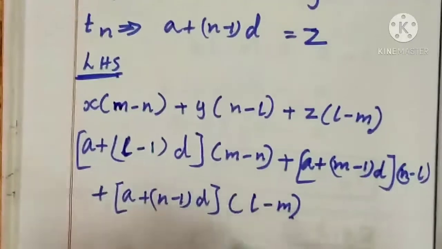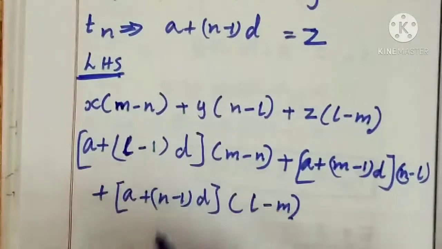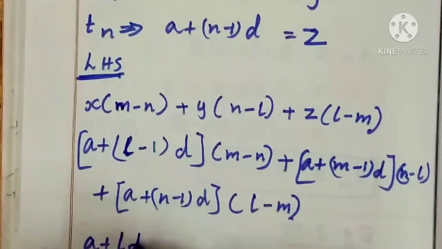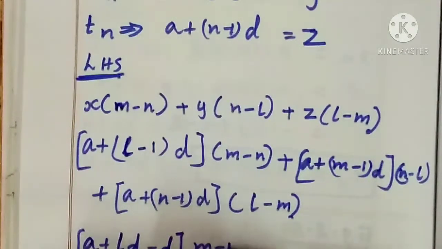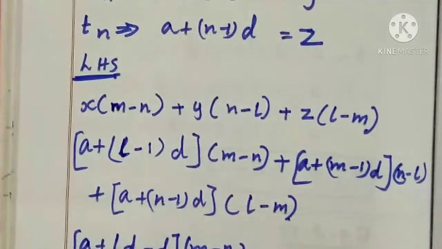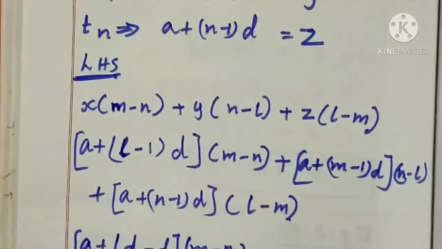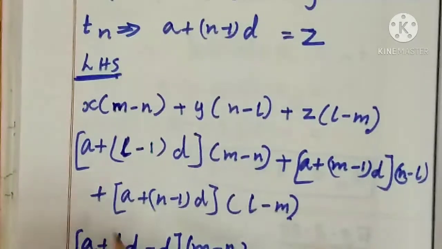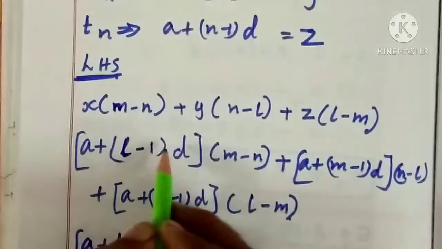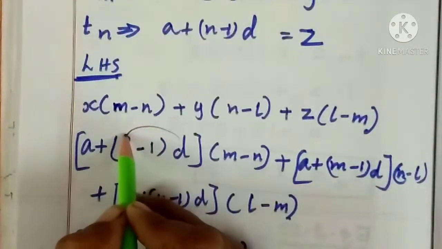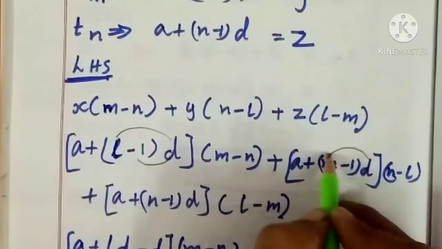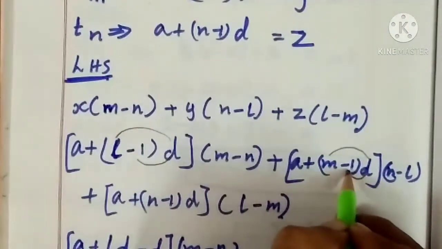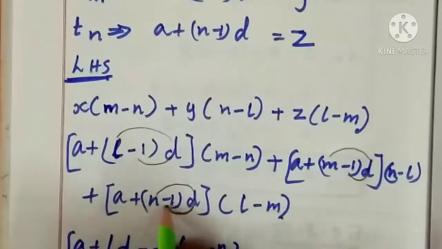Now you have to simplify this. First you have to remove the inside bracket, that is a plus Ld minus d into (m minus n). First you have to remove the bracket terms, that is L into d and d into minus 1, here m into d and d into minus 1, here n into d and minus 1 into d.